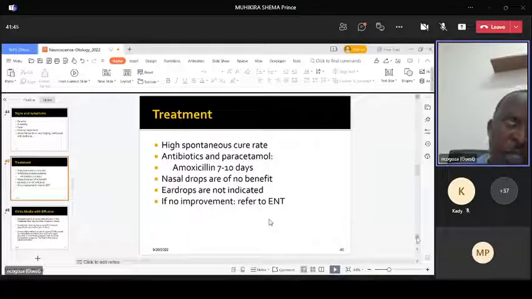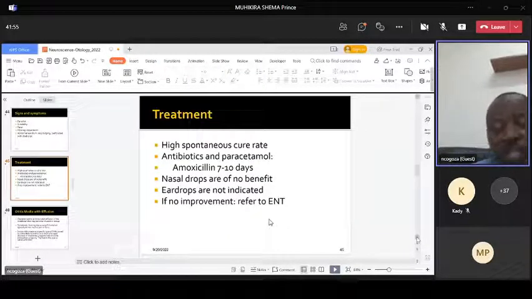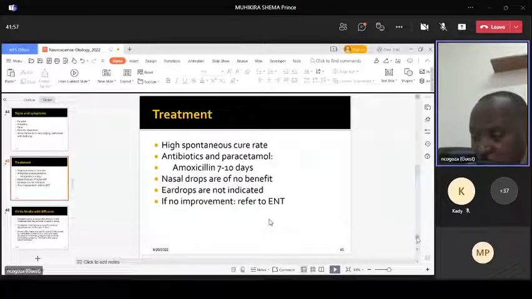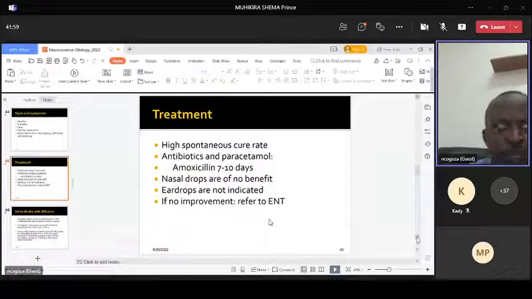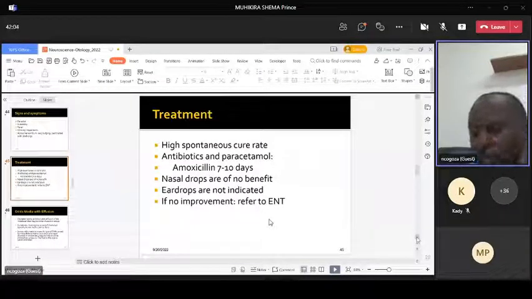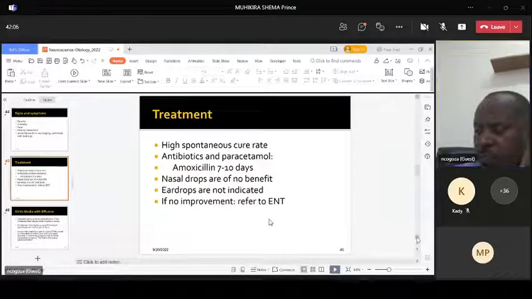So putting drops in the ear canal is not important. And all the time, if you treat with antibiotics and give painkillers, paracetamol, and so on, and there is no improvement, please send to the ENT specialist, because this may lead to complications.